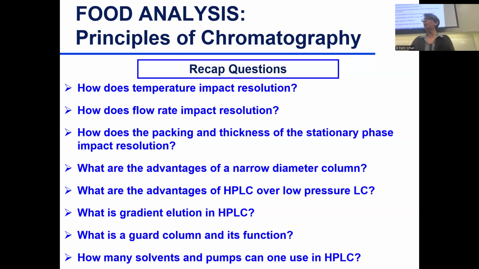Let's do some recap questions. How does temperature impact resolution? Go ahead, Owen. Yes. So higher temperature usually enhances the movement, the solutes move quicker between the stationary phase and the mobile phase, and it helps reach equilibrium faster.